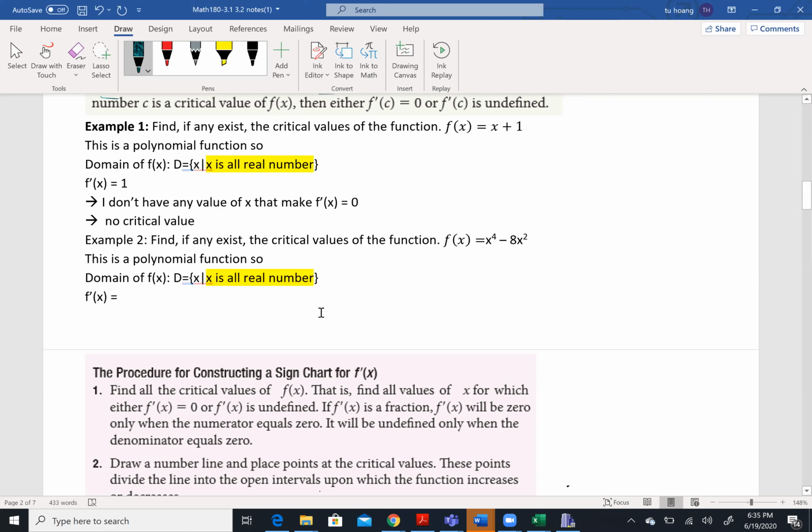Because f(x) equals x^4 minus 8x^2, f'(x) will be 4x to the power lower than 1, so 3, right? And then minus 8 times 2 is 16x.